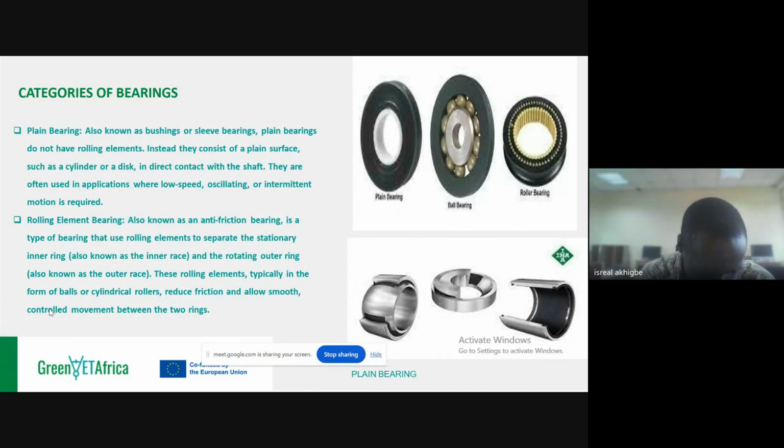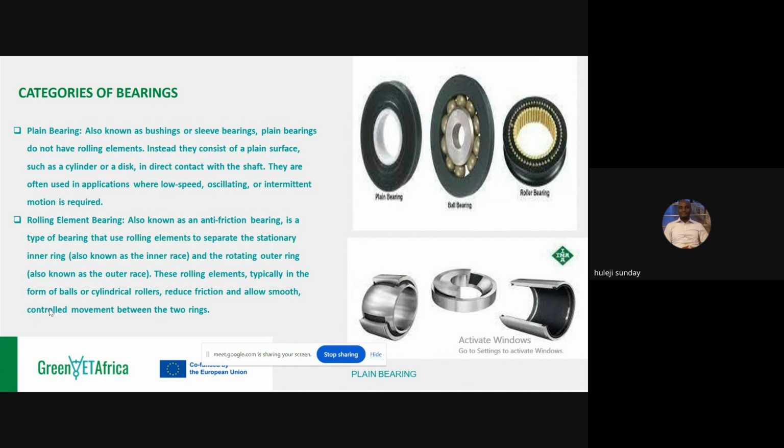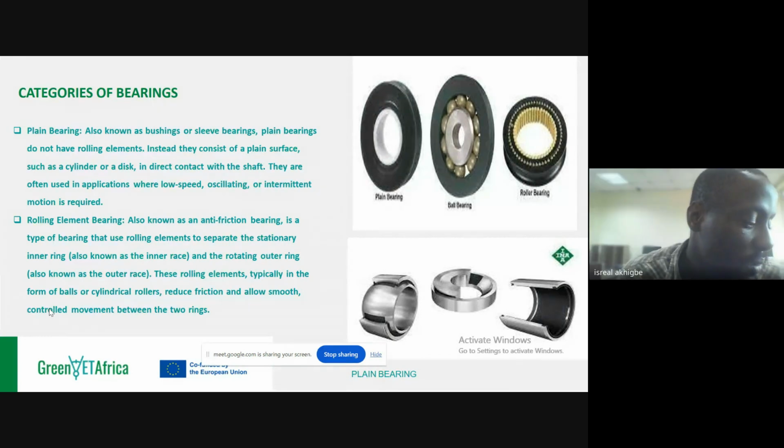Yes. Then lastly, I still want to ask about the application of the chain and the sprockets. You've also spoken about the application of pulley and belt.